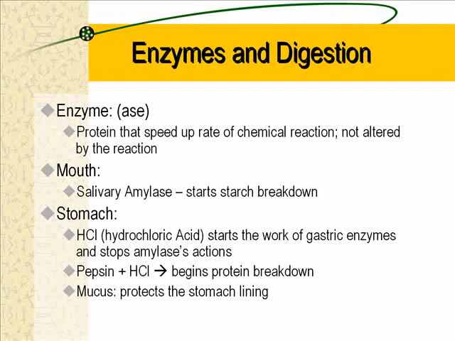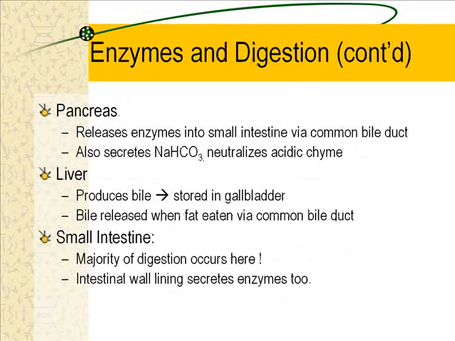Muscles are protein, and that protein would be digested if we didn't have a nice mucus layer to protect it. And that's actually what happens when a peptic ulcer forms: that mucus layer gets too thin or somehow gets compromised so that acids and enzymes are starting to digest the protein lining of the stomach, which is painful.